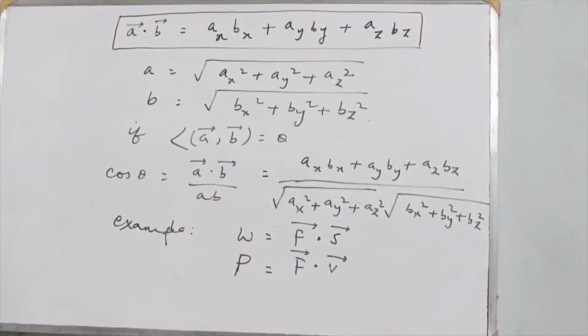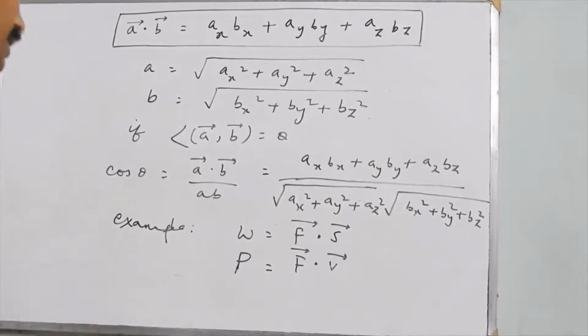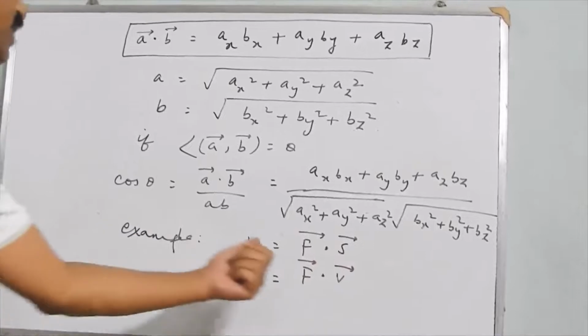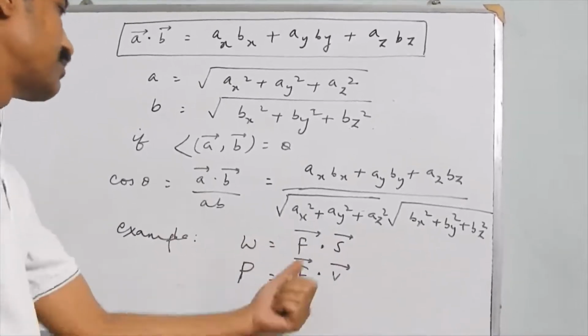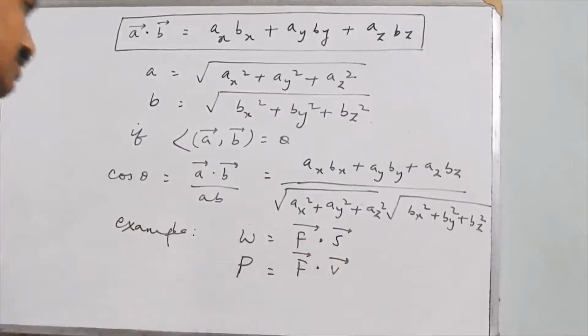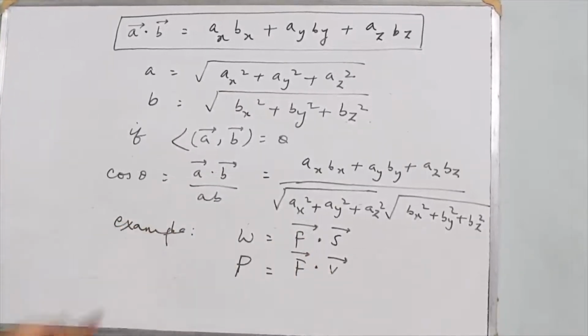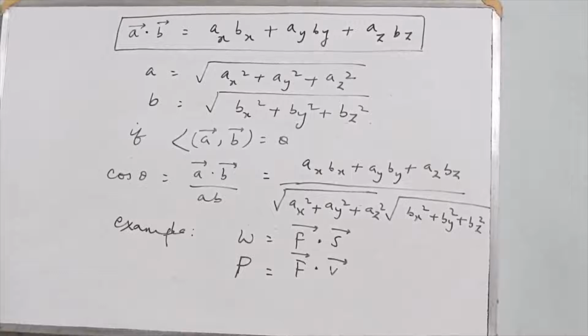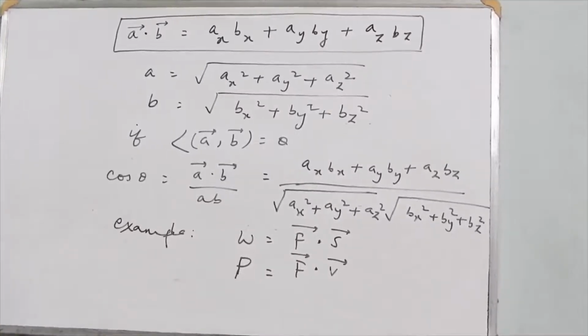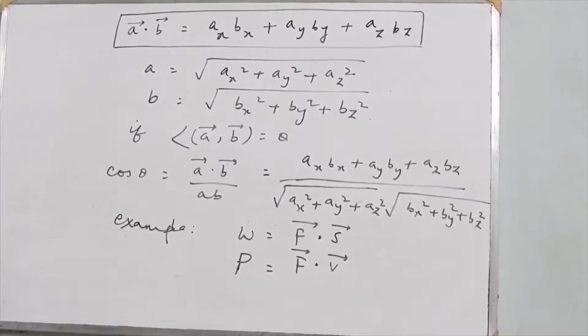Work is a scalar and power is also a scalar. Force and displacement are vectors, force and velocity are also vectors, but the dot product of these two vectors produces a scalar. So we can demonstrate the utility of dot product by several examples.